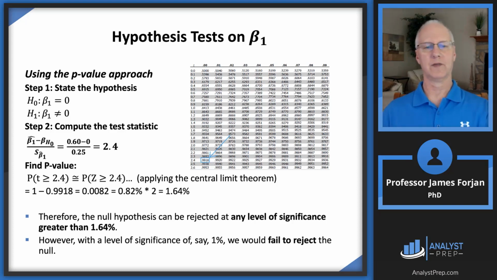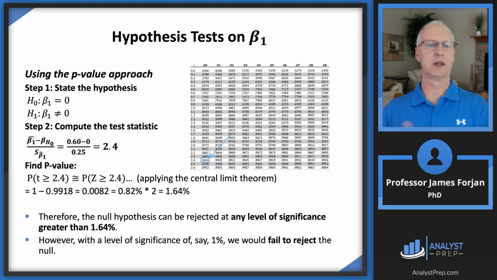And so we're looking for the probability that a z is going to be greater than 2.4. We look up 2.4 on the z table. So remember, run your finger down to 2.0 and then run your finger over to 0.4, and you get the 99.18.